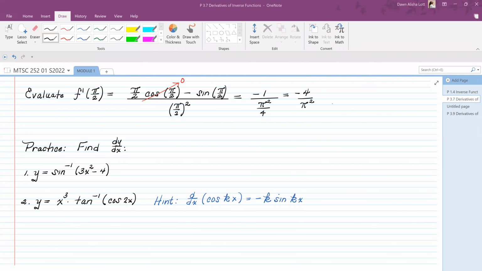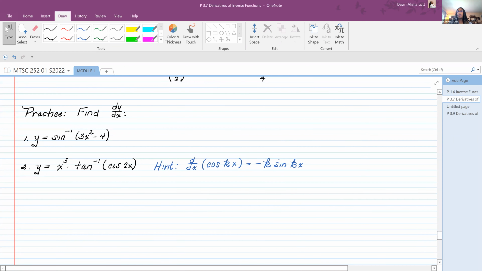For the first one, I got 6x over the square root of 1 minus, in parentheses, 3x squared minus 4 squared. That's correct. All right, who was that? Mikhail. Thank you, Mikhail. So number one, we have y is equal to the sine inverse of 3x squared minus 4.